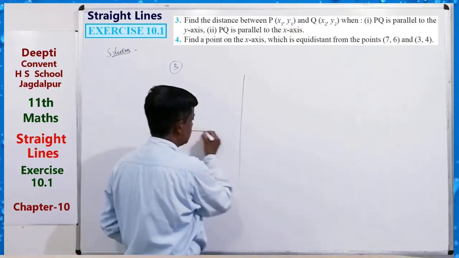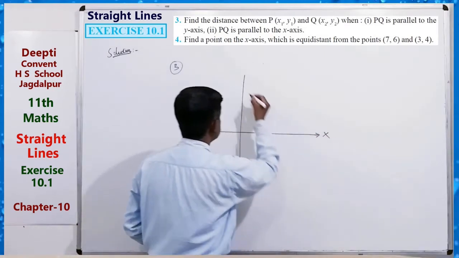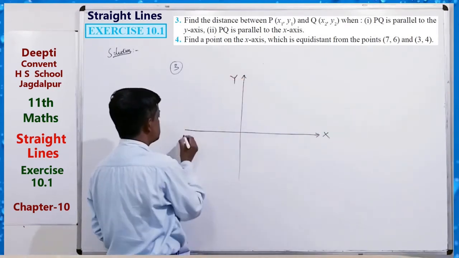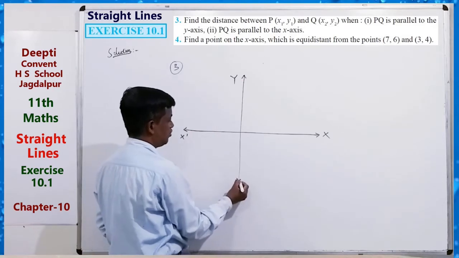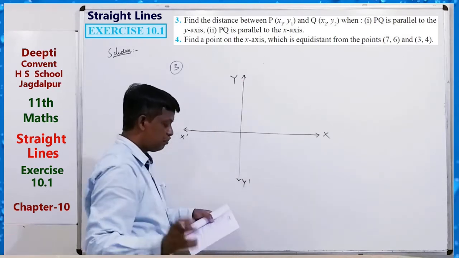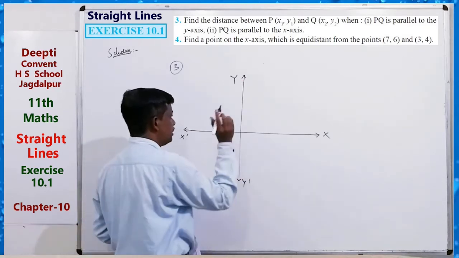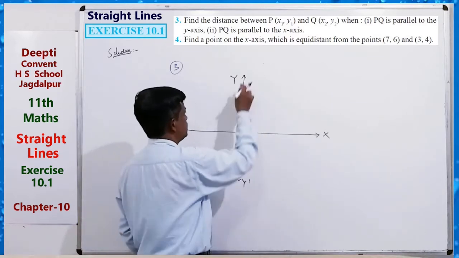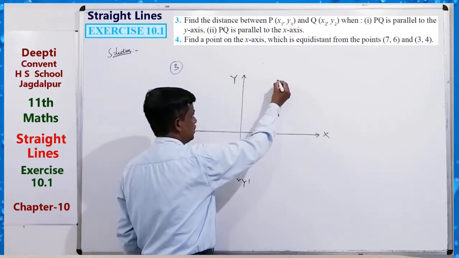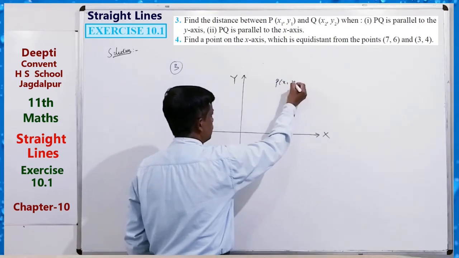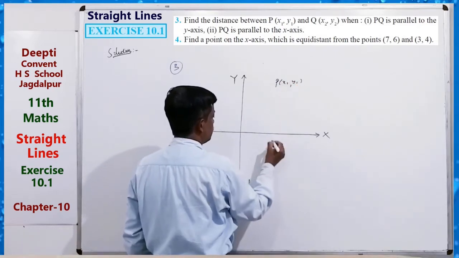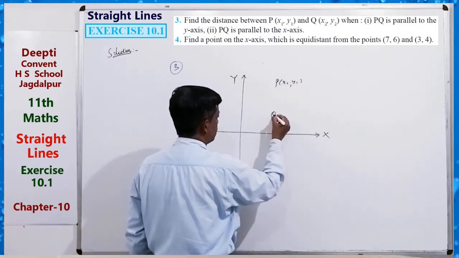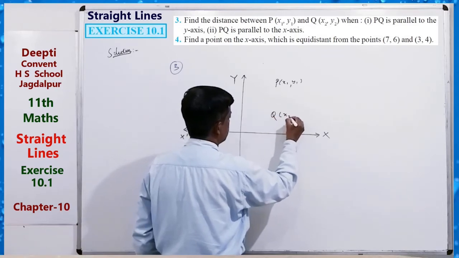This is the x-axis, this is the y-axis, x dash, y dash. Now line PQ is parallel to the y-axis. This is the y-axis. So here P is x1, y1 and Q is x2, y2.